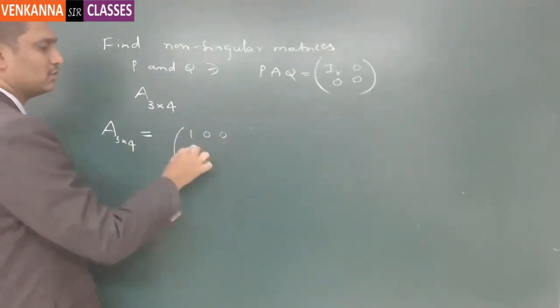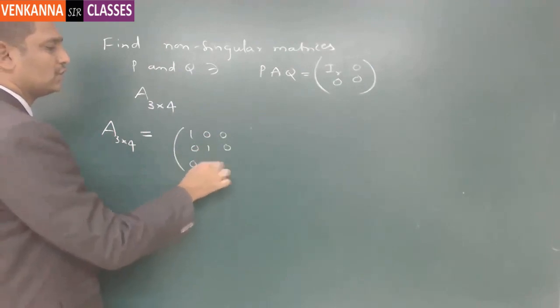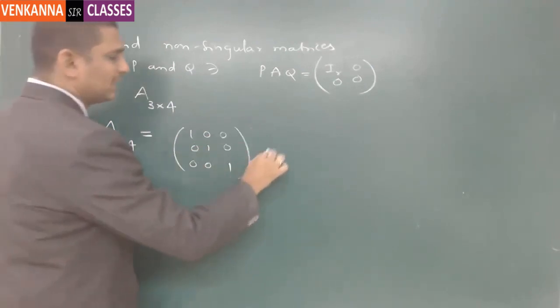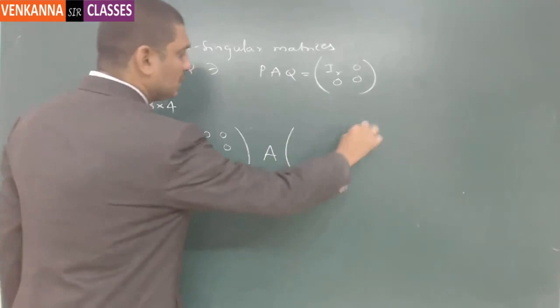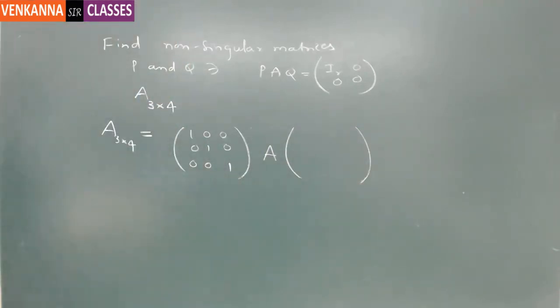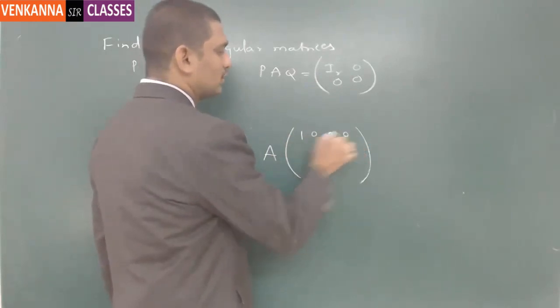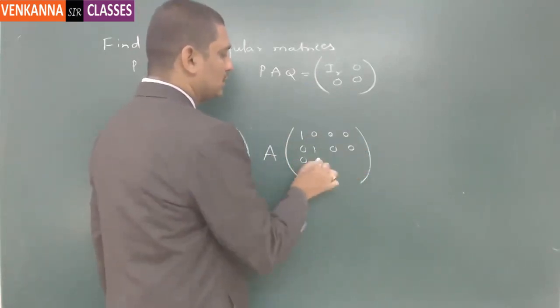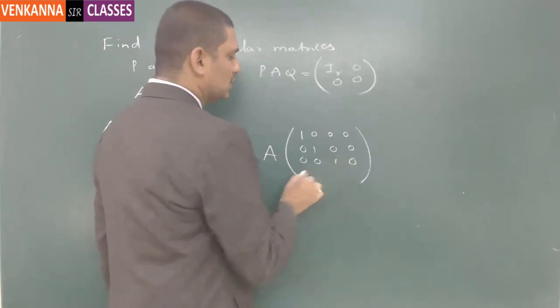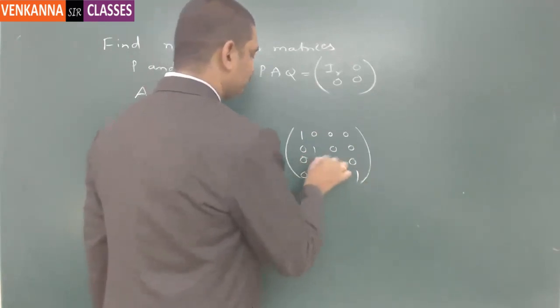On the left, 1 0 0, 0 1 0, 0 0 1. You take A as it is, and on the right you take a 4 by 4 identity matrix because there are 4 columns: 1 0 0 0, 0 1 0 0, 0 0 1 0, 0 0 0 1.